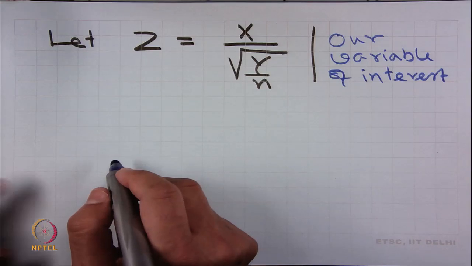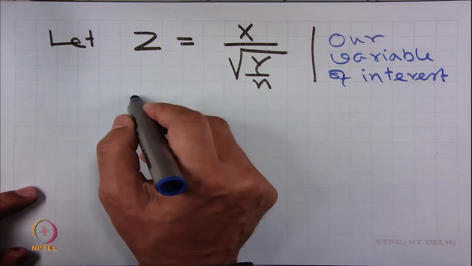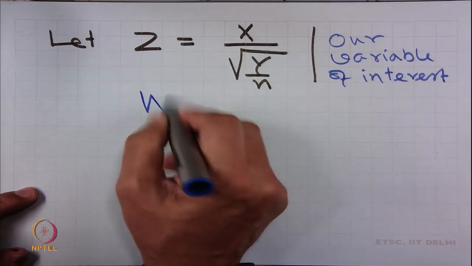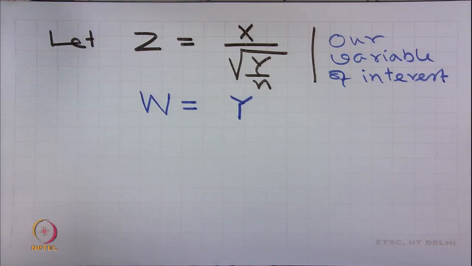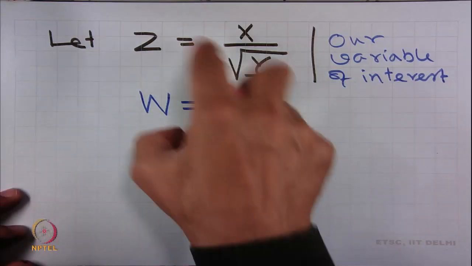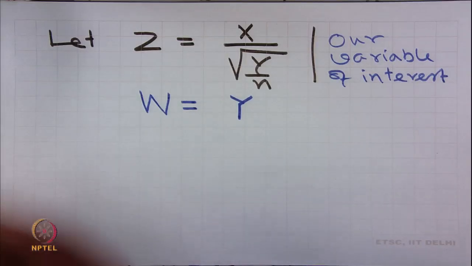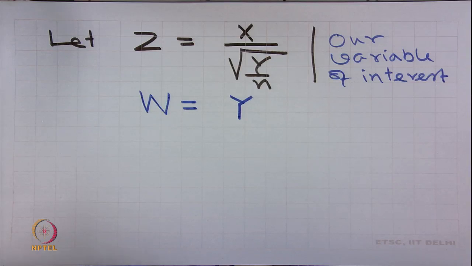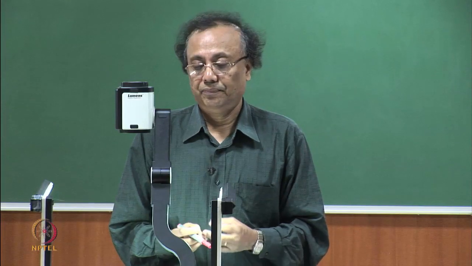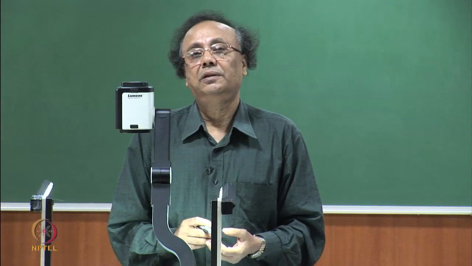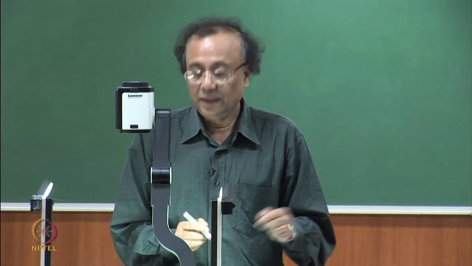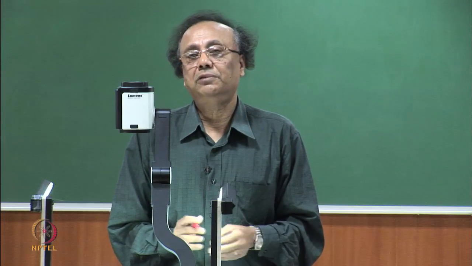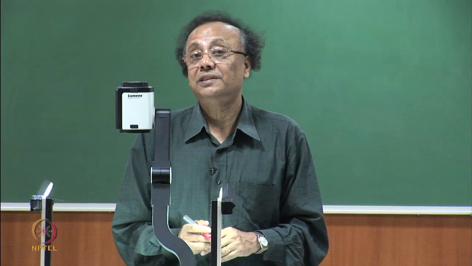In order to use the theorem, we take a dummy variable w is equal to y, because we need the transformation to a 2D plane, and then, as I have shown when obtaining the chi-square distribution, which is the summation of two independent normal variables squared, if you remember, we transformed to r theta, then we integrated out theta.